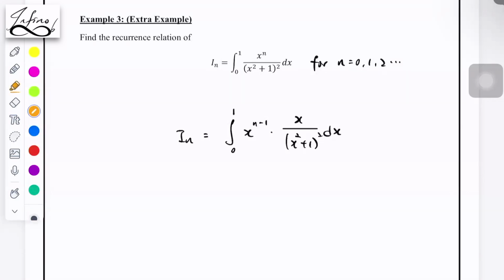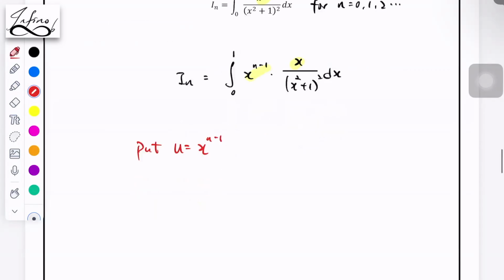So x^n is split into x^(n-1) and x. And then we do integration by parts. We put u as x^(n-1), and then we put dv as x over (x squared plus 1) squared dx.